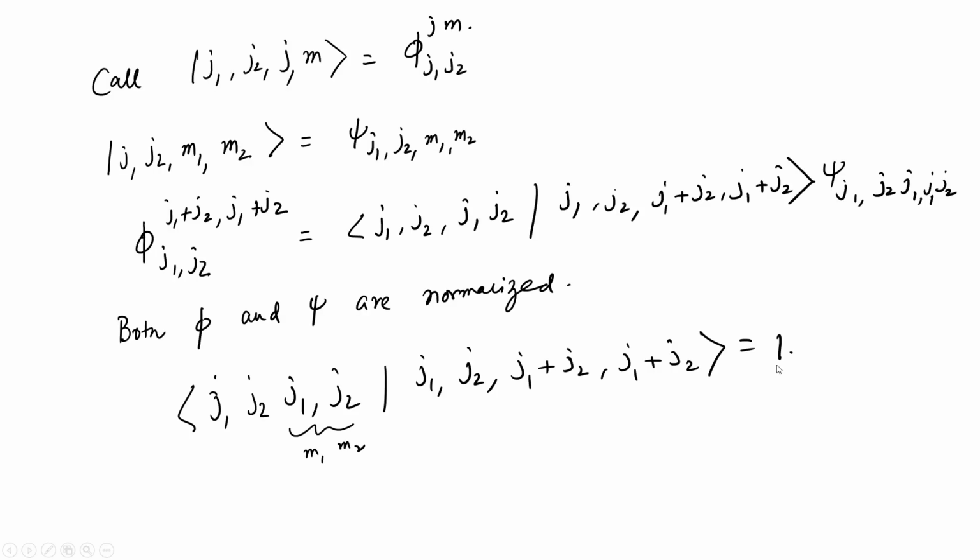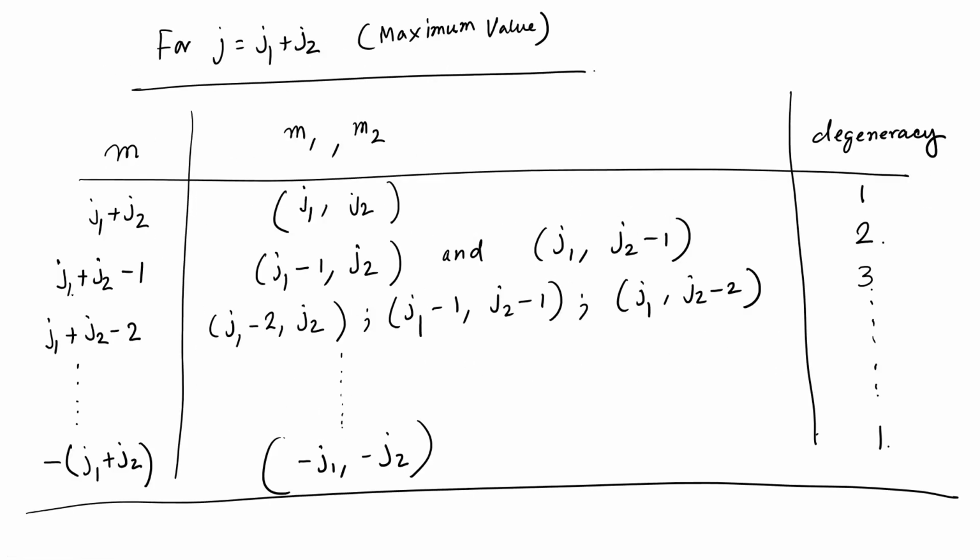Now you go to the next one in the table, and you take J1 plus J2 minus 1, which is the next lower value of M. Then there are two possible values of M1 and M2 that you can construct, and that will give you this degeneracy of 2. You can again write these phis and psis, normalized, and connect them for that state.